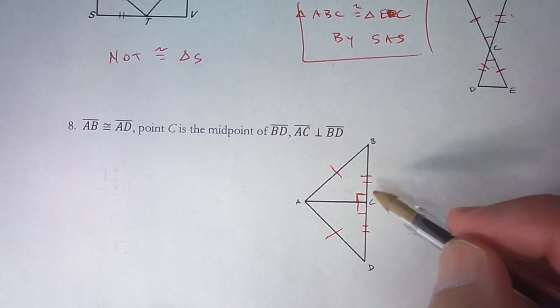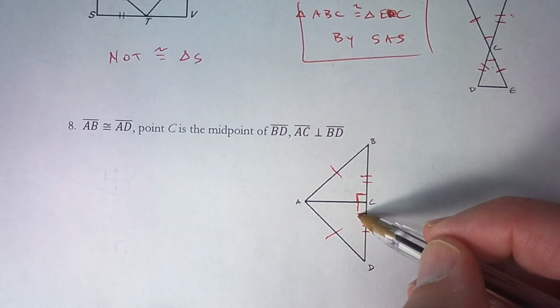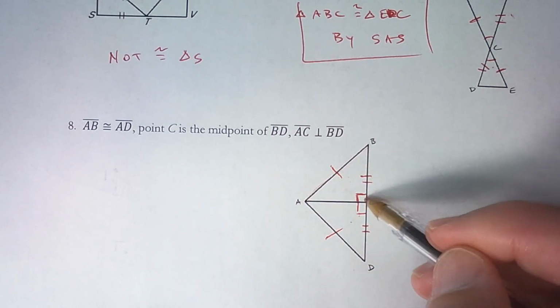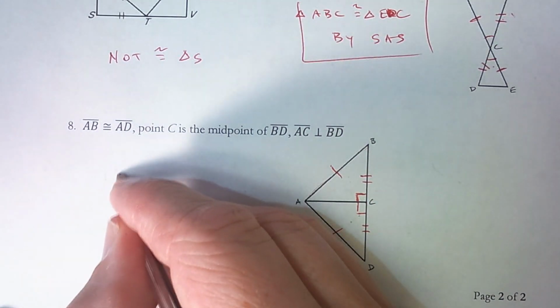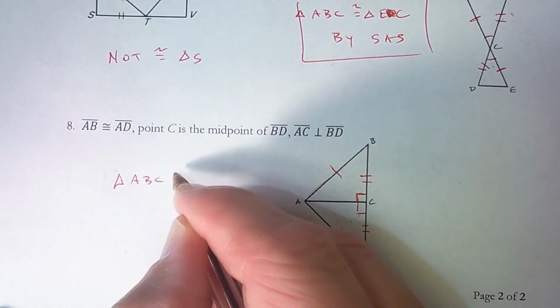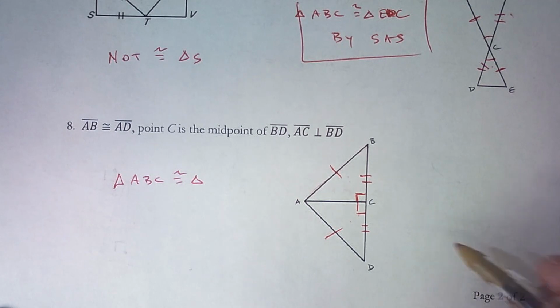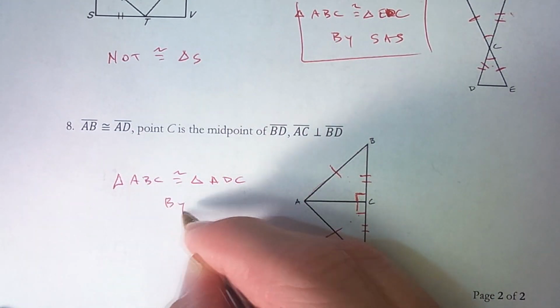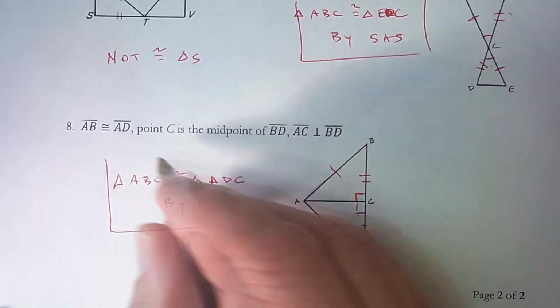Okay, so let's go with what information is already here. I've got right angles, so these are right triangles. I've got a hypotenuse and a leg. So triangle ABC is congruent to triangle ADC by hypotenuse leg.